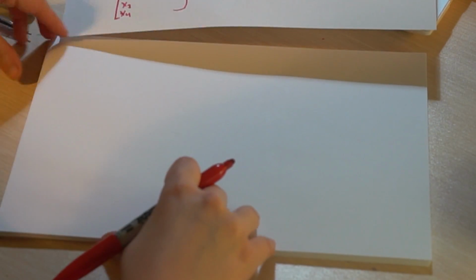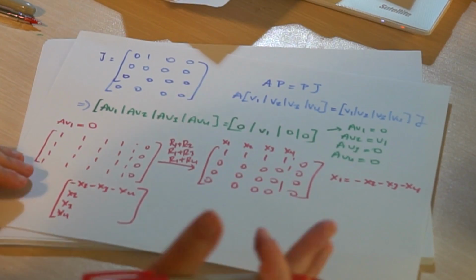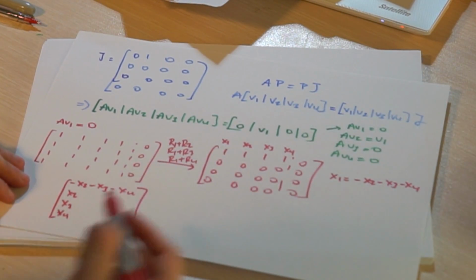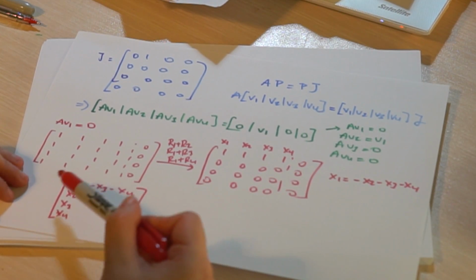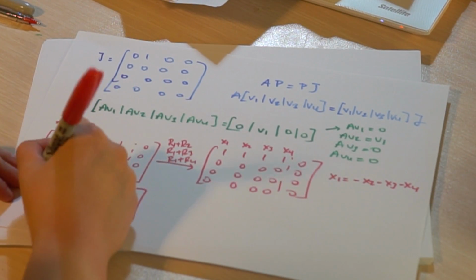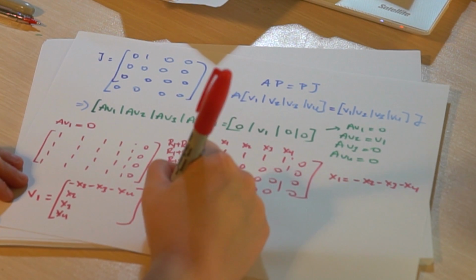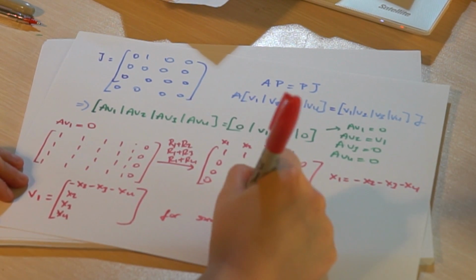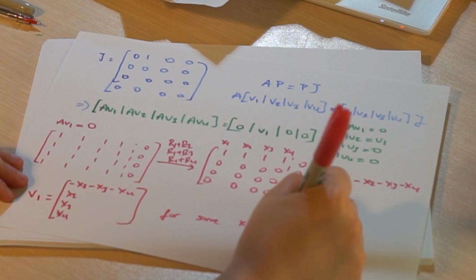Now let's try to solve. Let's say we don't know right now what the correct one is, but let's say V1 is of this form for some x2, x3, x4. Let's try to solve the next thing. AV2 is equal to V1, right?